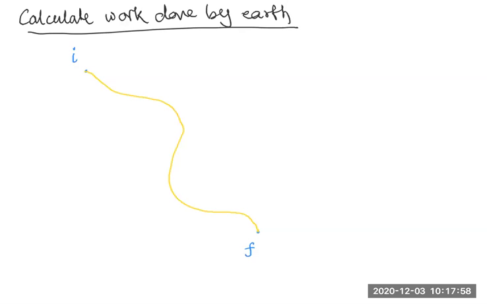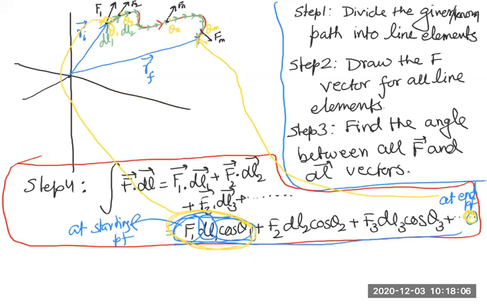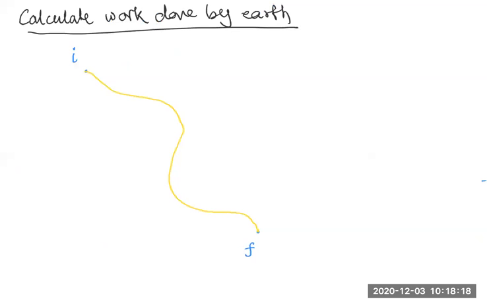Okay, so let's follow the steps here. What are the steps? Step number 1: divide the given path into line elements. So I can do this easy. Line element.